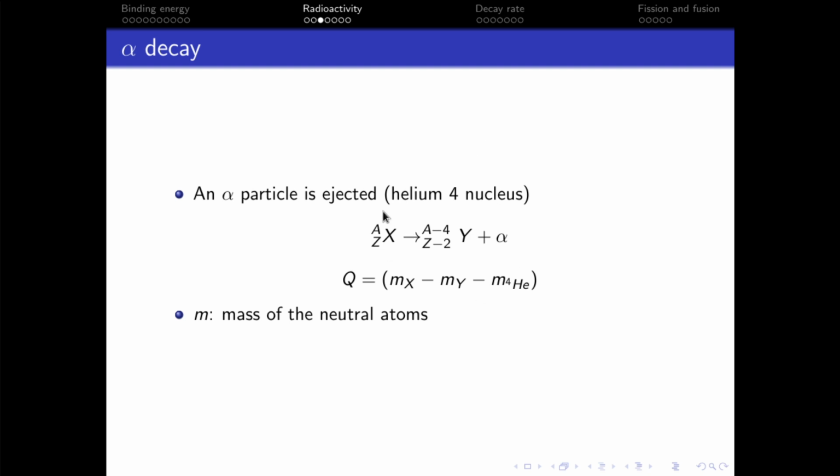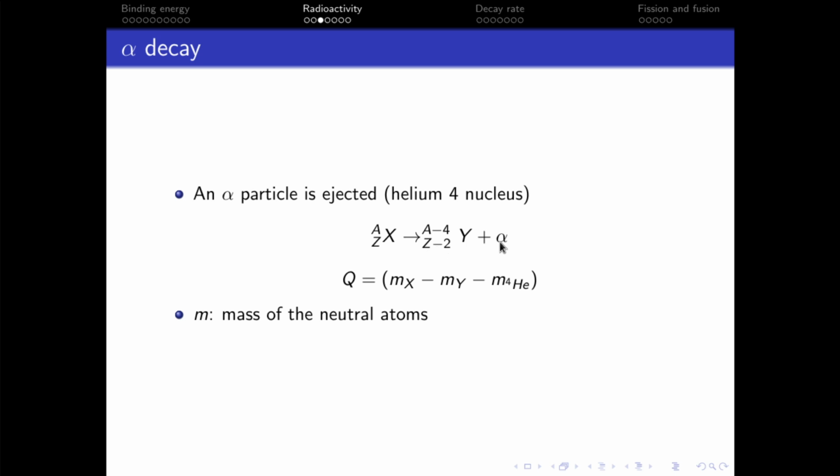Whenever it is produced, we have some initial nucleus, and after the decay, we have the alpha particle, the helium-4 nucleus, and some other nucleus which will be produced through this reaction.